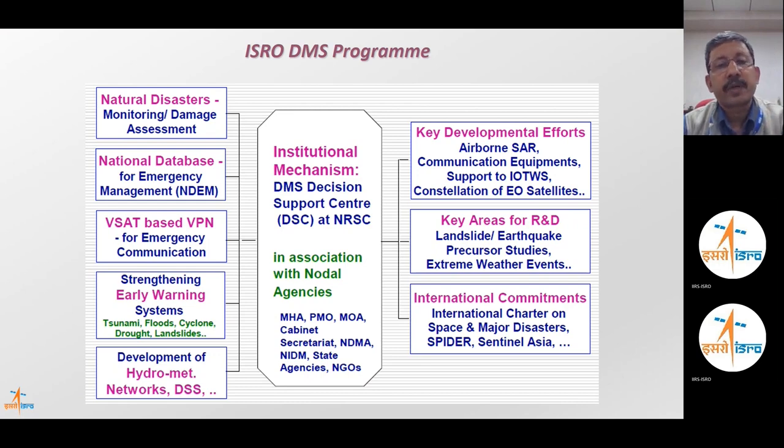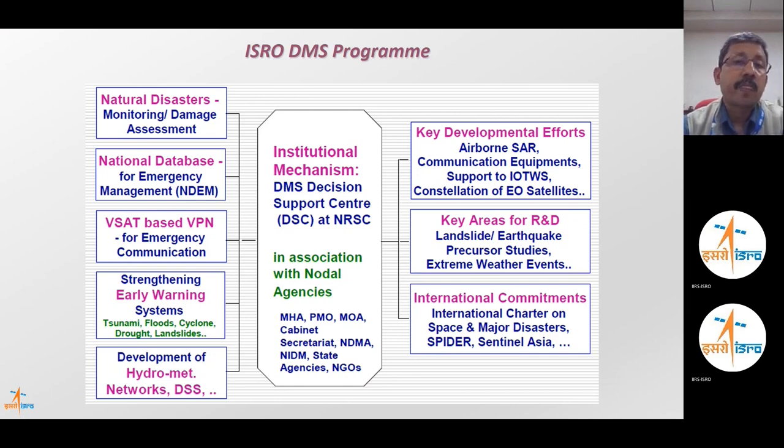So this is an institutional mechanism where we have a disaster management decision support center at National Remote Sensing Center at Hyderabad. And this has nodal agencies in various stakeholders like Ministry of Home Affairs, Prime Minister's Office, Ministry of External Affairs, Cabinet Secretariat, NDMA, NIDM, agencies, NGOs, etc.